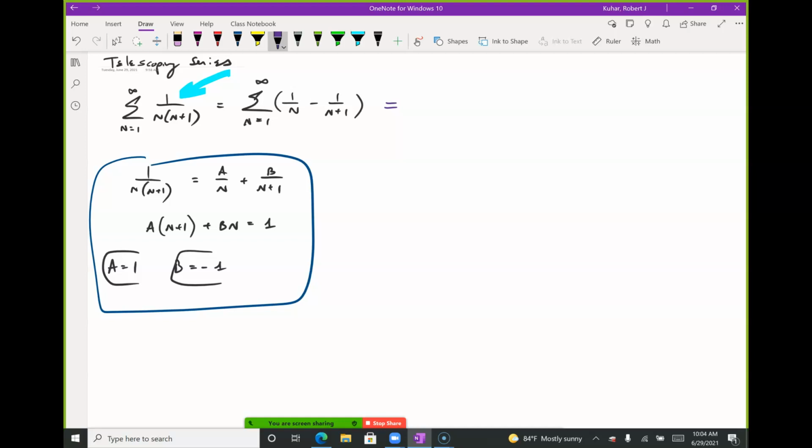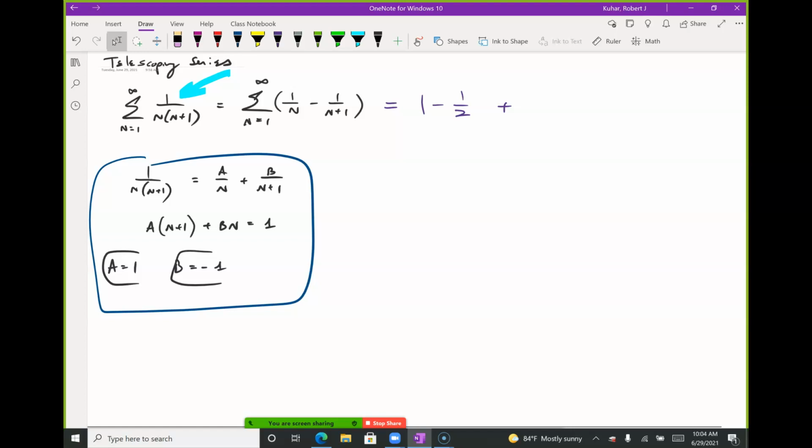So when n is 1, what do I get? I get 1 minus 1/2. Do you agree? Yes, you agree with that. When n is 2, I'm going to put that underneath.